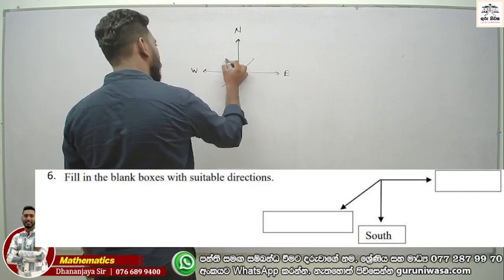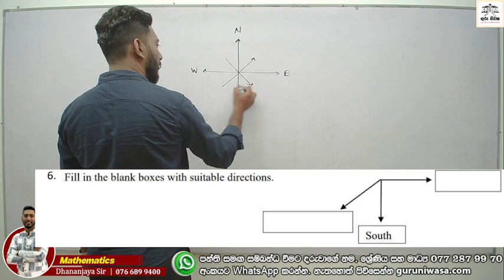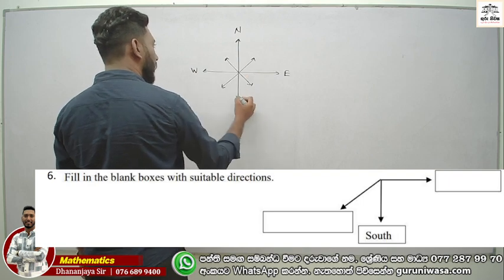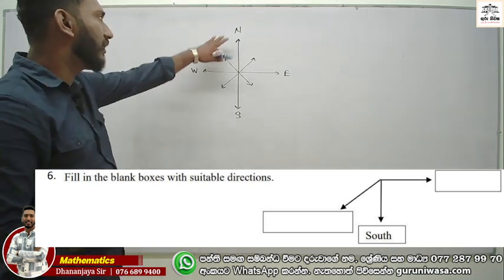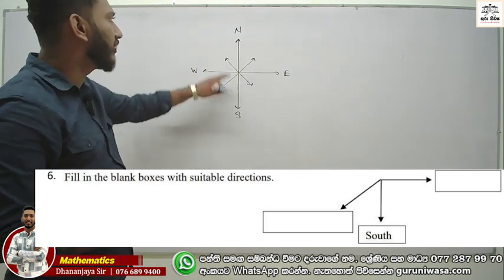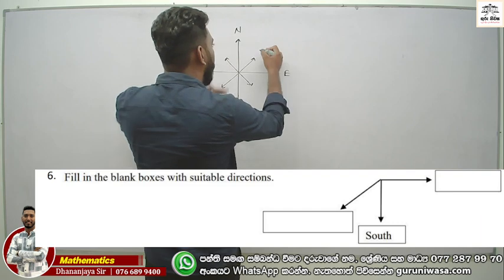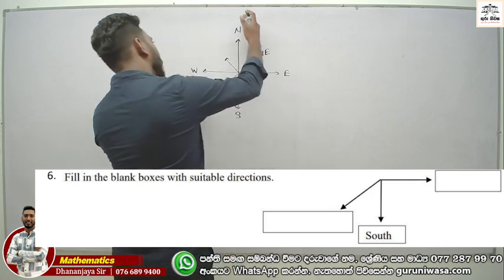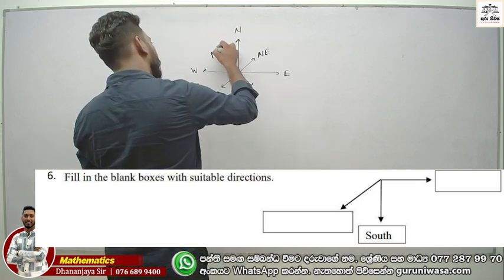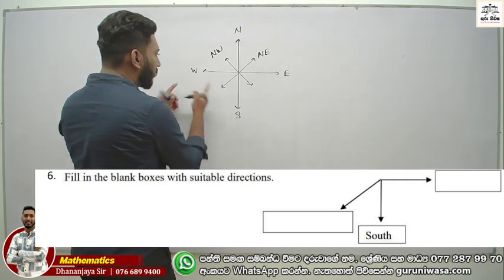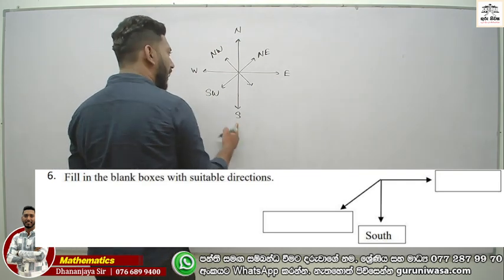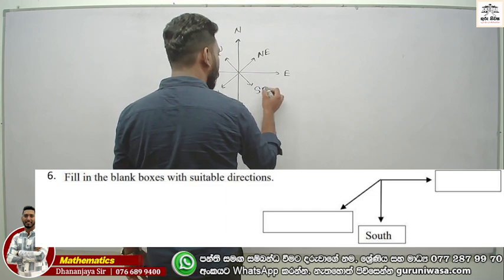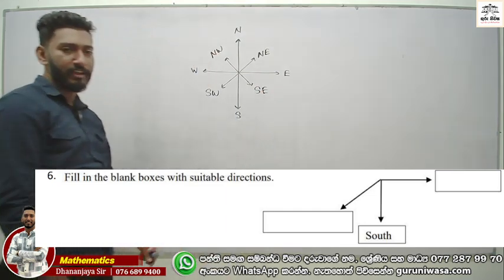The minor ones are northeast, northwest, southwest, and southeast.